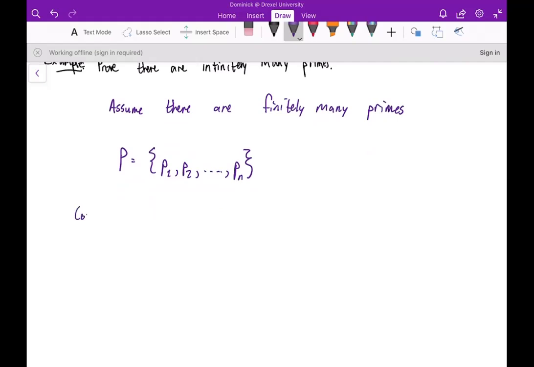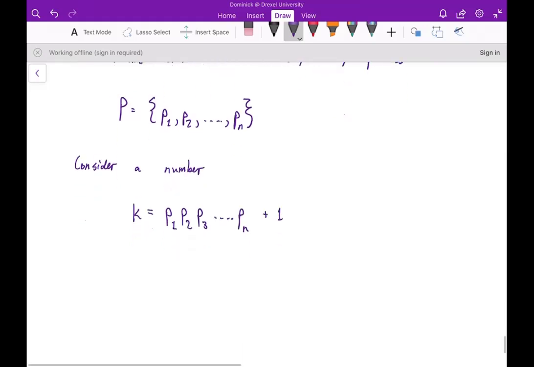All right, now we're going to consider the new number, and I won't use P again here. Let's use something like K. All right, and we're going to take this new number K to be P1 times P2 times P3 all the way up to Pn. And then we're going to add 1 to it.